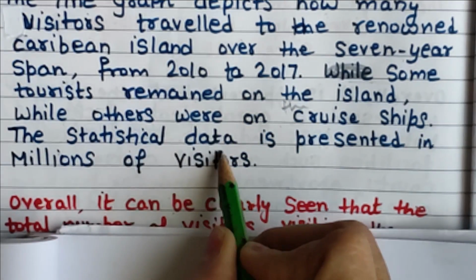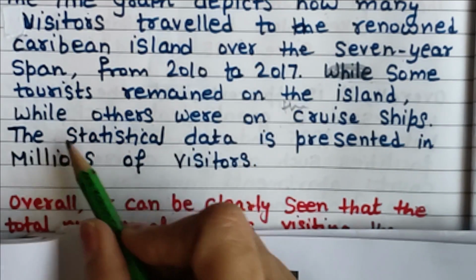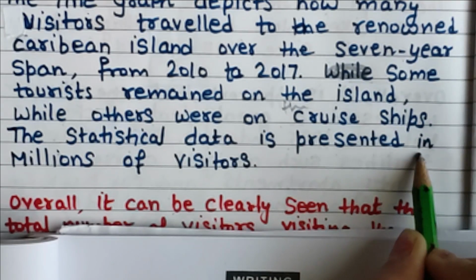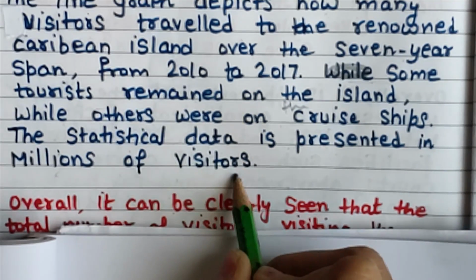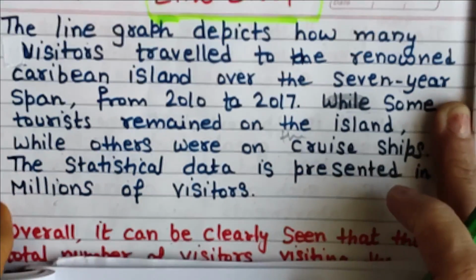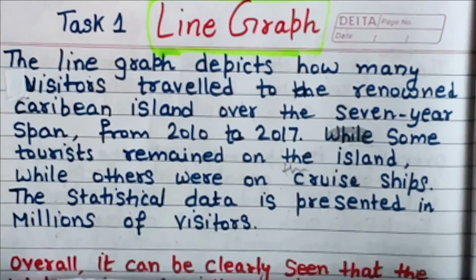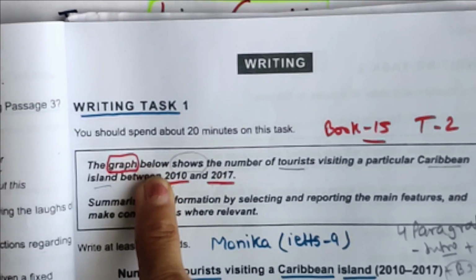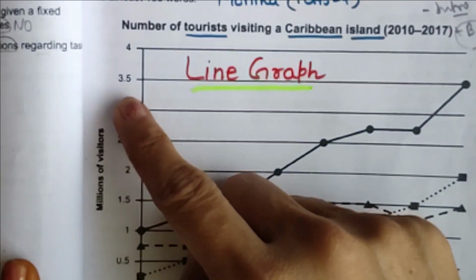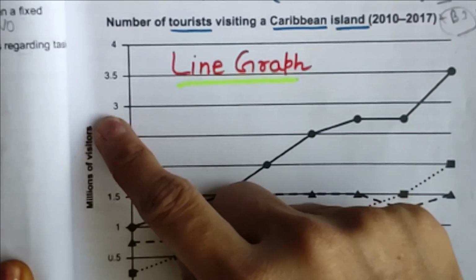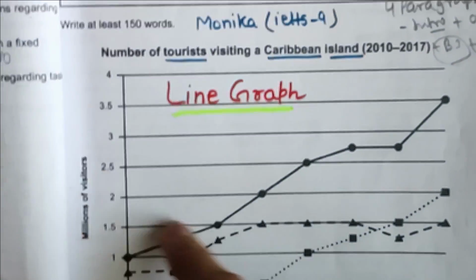The statistical data, that is more important. The statistical data is presented in millions of visitors, okay. This is your introduction. So how have we done it? We have paraphrased the question statement, and we have told the category of the line graph, and the data is represented in millions, okay.